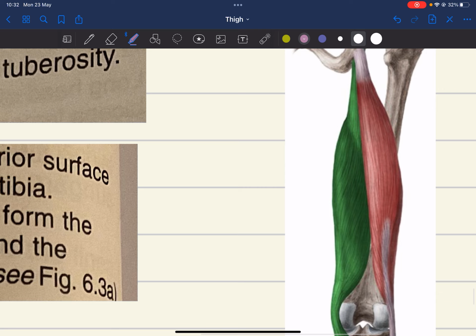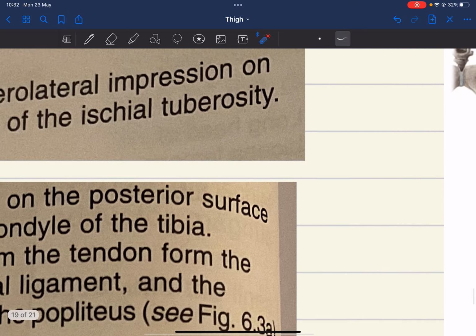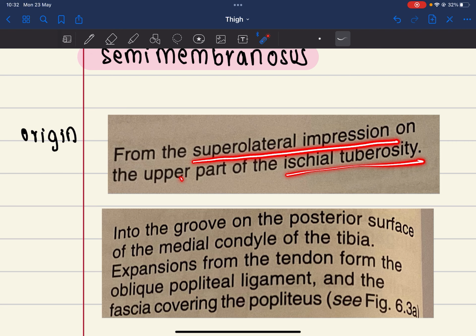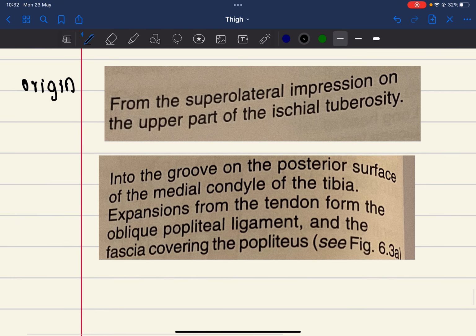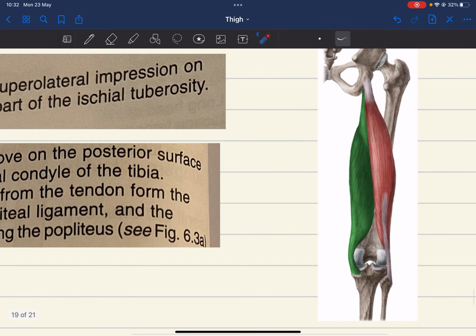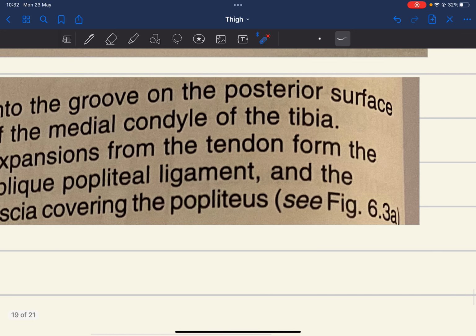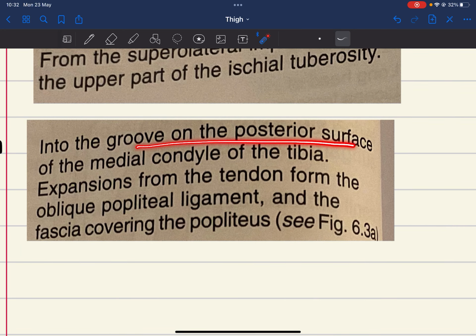This one here, it is the semimembranosus muscle. र यसको चाहिँ it is named semimembranosus because it has a flat tendon of the origin. यसको origin is via the ischial tuberosity बाटै हो, especially on the superolateral impression on the upper part of the ischial tuberosity. र यसको insertion is into the, insertion कता भएको छ भन्दाखेरि this is the medial condyle of the tibia, this is the lateral condyle of the tibia. So it is inserted on the groove on the posterior surface of the medial condyle of the tibia. यहाँ गएर चाहिँ insert भएको हुन्छ.